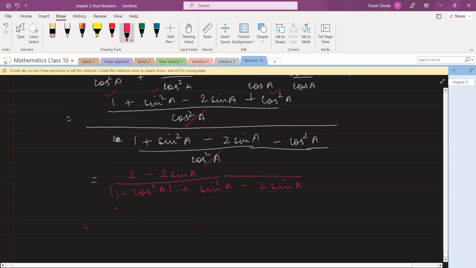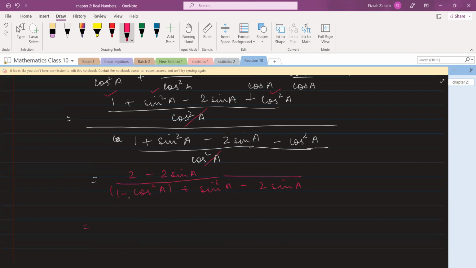Now, if I take 2 common, it is 1 minus sine A. Now in the denominator, 1 minus cos square A is sine square A. Then you have another sine square A. So let us first write plus, then you have sine square A minus 2 sine A. And whatever identity you are using, Martin, you have to mention it here, all right?